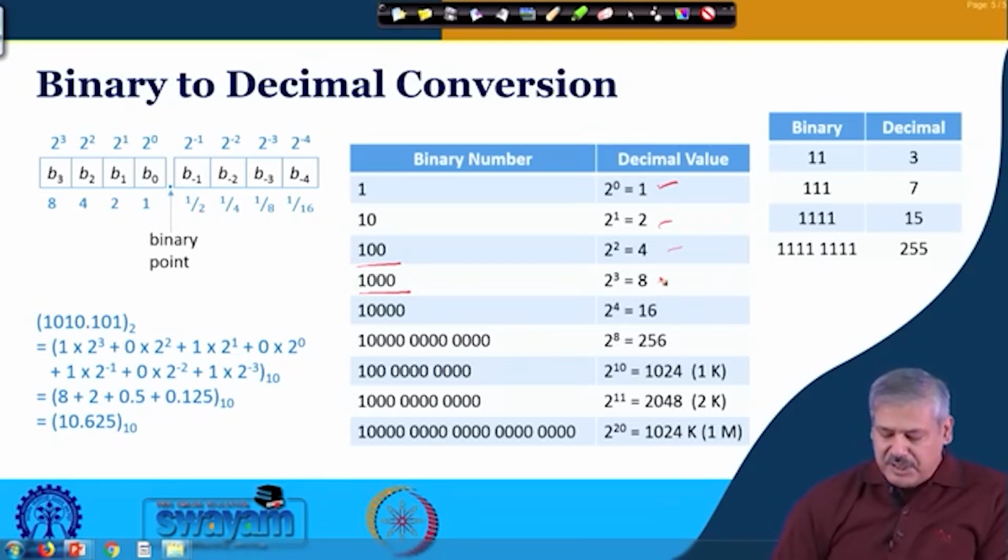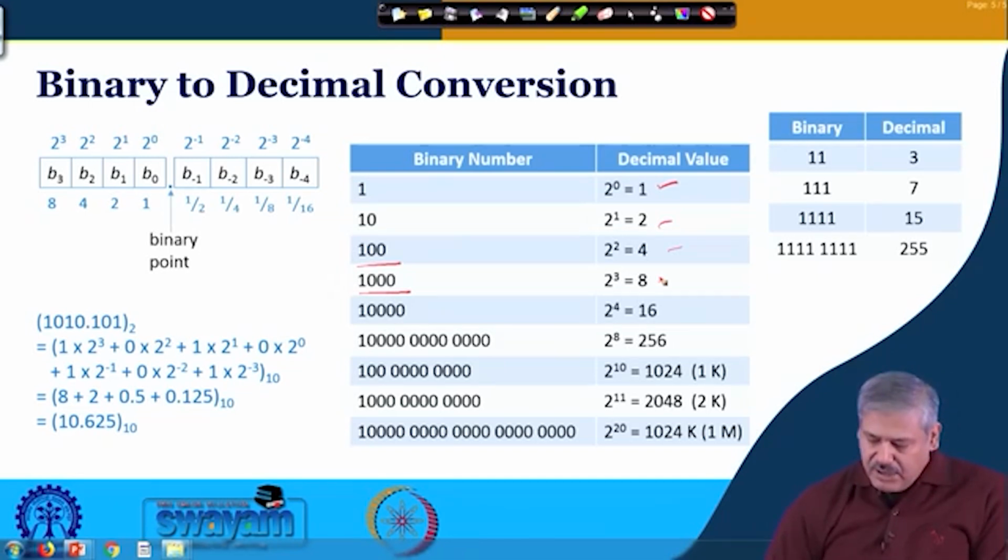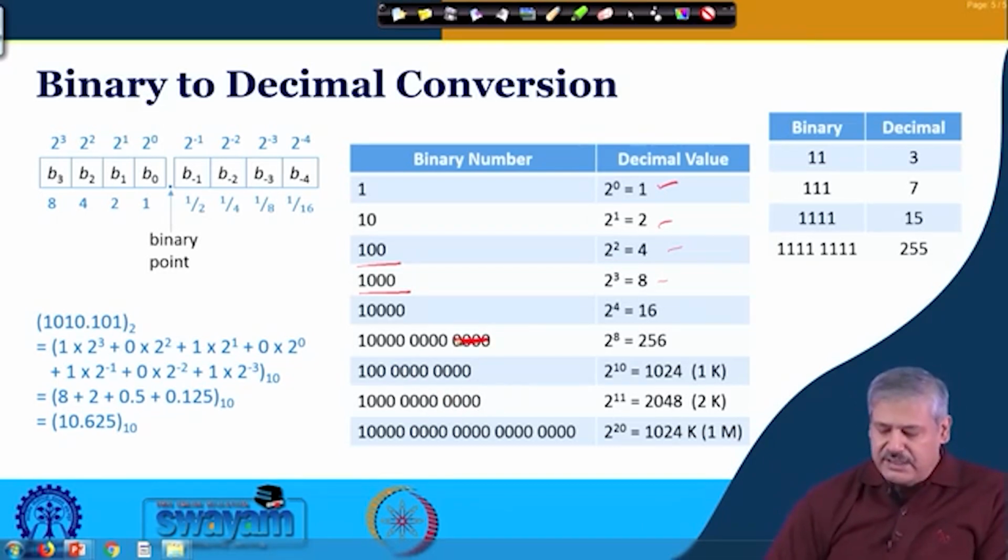And we remember that this is 2 to the power 8, which is 256. When it is 2 to the power 10, it is 1024.